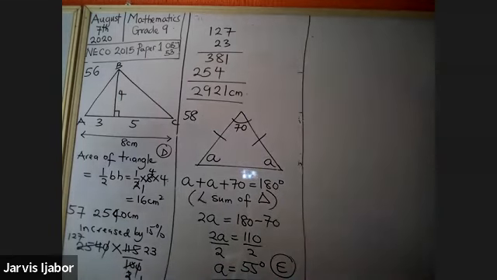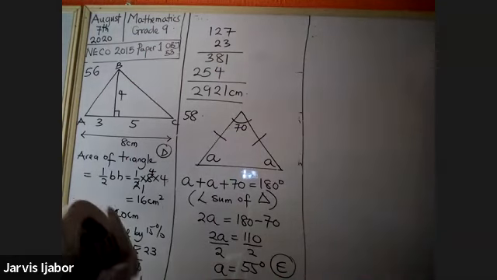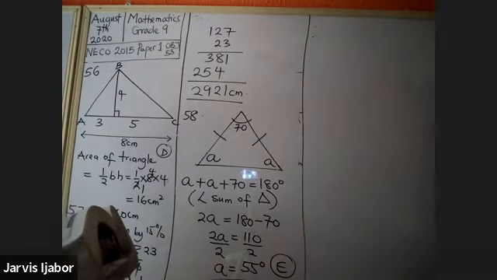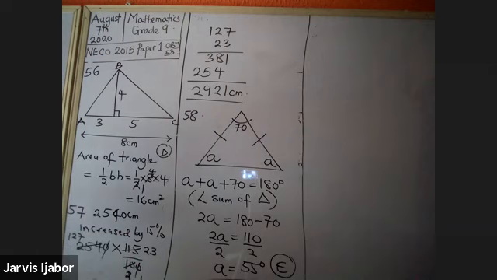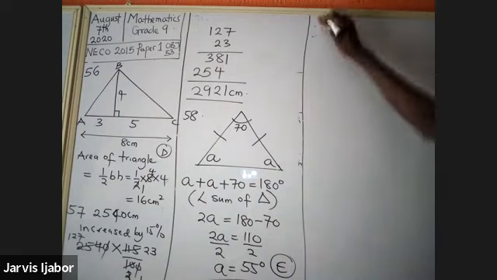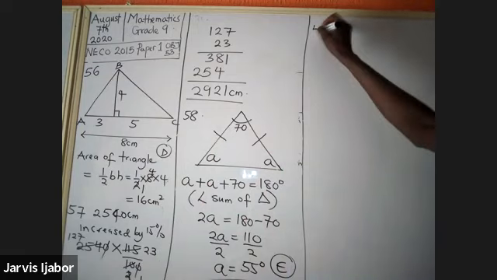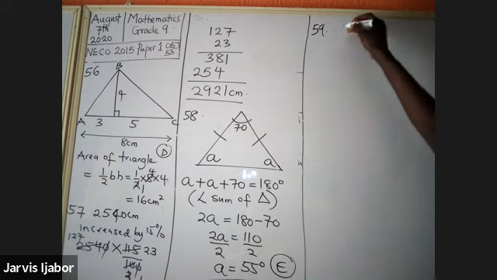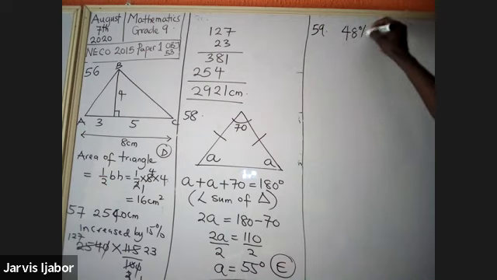In Talo community, 48% of the population are students. Now, when you're solving questions like this, try to get out the information as you see them. Now, 59. Now, 48% are students. Take note of that.